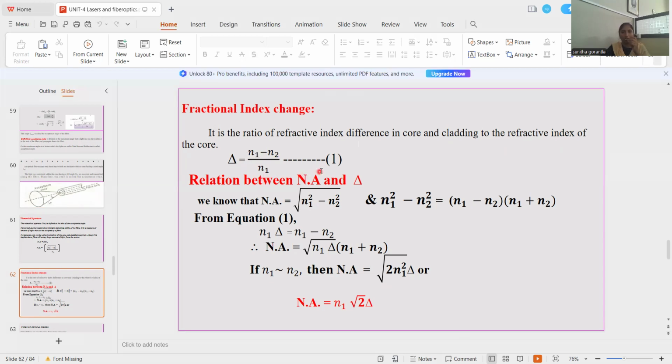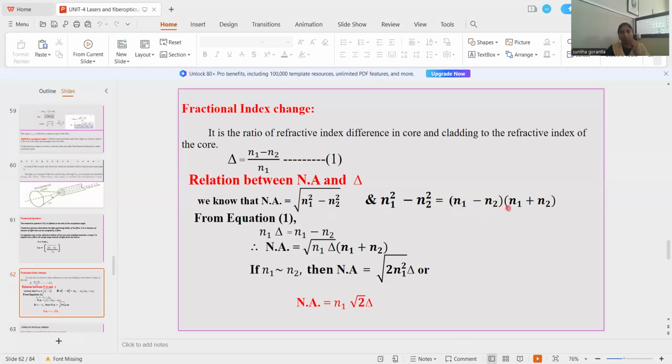Now this is equation 1. Now the relation between the numerical aperture and fractional refractive index change. Already we know that NA is equal to the square root of n1 squared minus n2 squared, and n1 squared minus n2 squared can be written as (n1 minus n2) into (n1 plus n2).